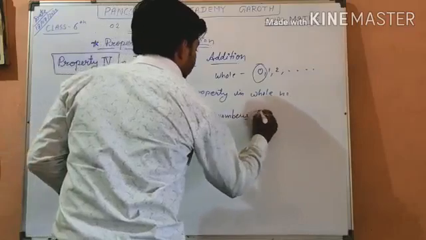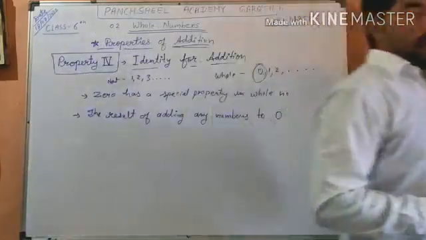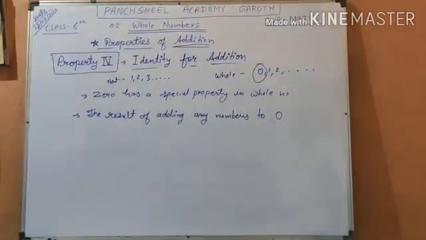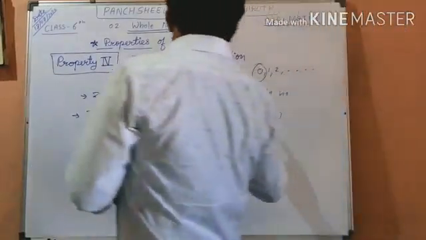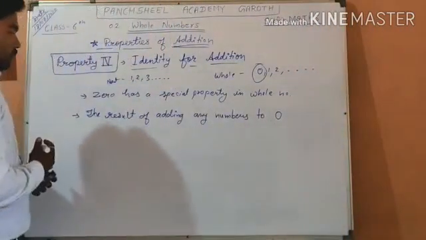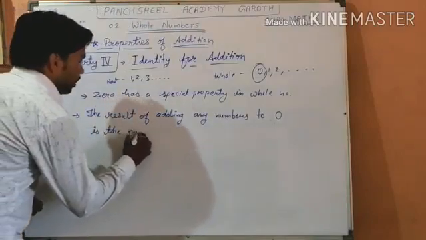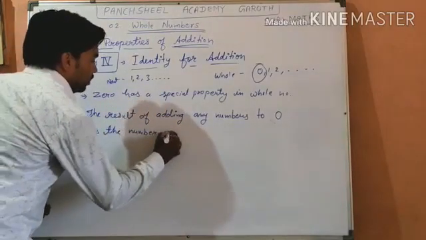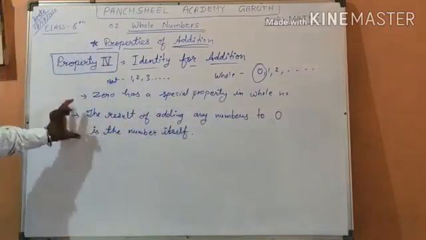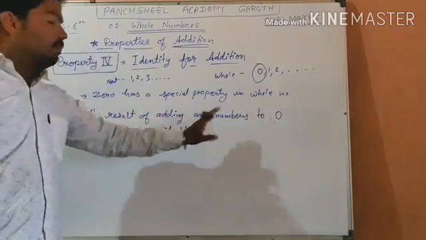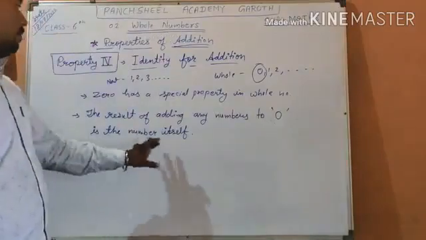The result of adding any number to 0 is the number itself. We have to understand this line: the result of adding any number to 0 is the number itself.